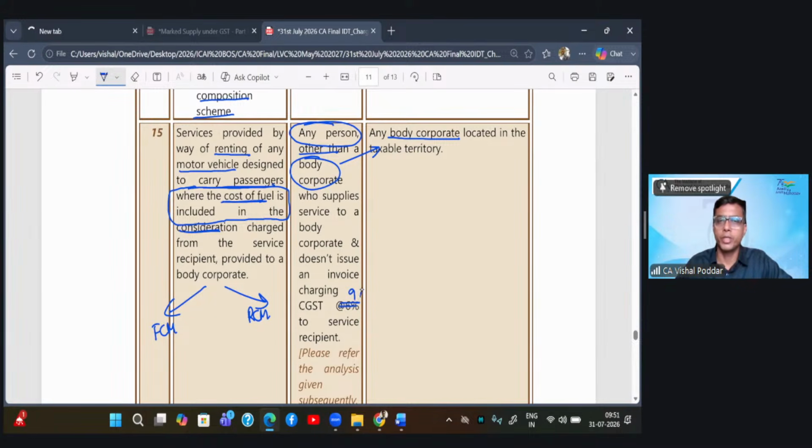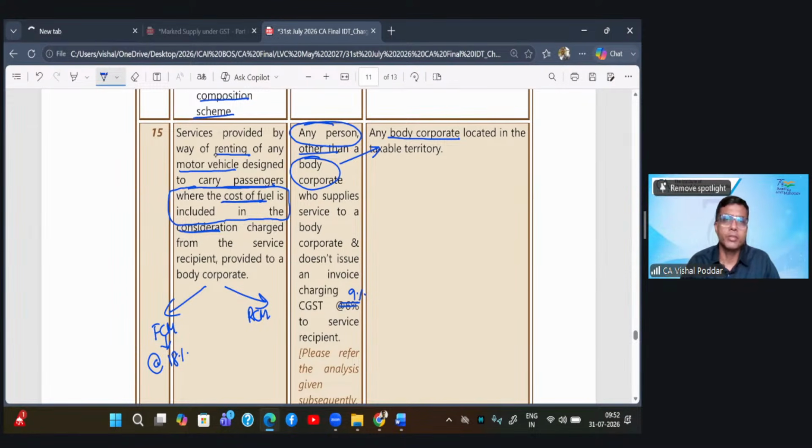Again, the 6 is changed to 9. So under RCM, it is at the rate of 18%. So wherever, as a passenger transporter, I want to charge GST under forward charge, which is now at 18%, then I will be under FCM. But where I do not want to charge GST, then in that particular case, the case will go under RCM.